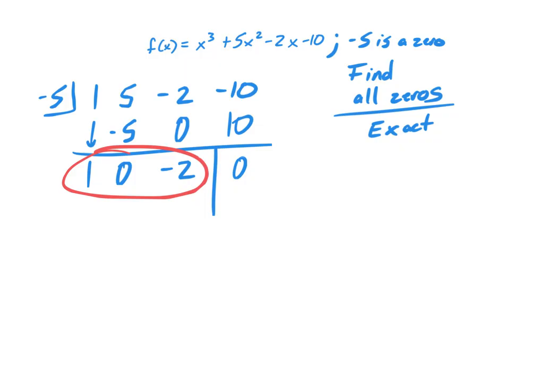So we started with cubic, so now we're going to go 1x squared. I don't necessarily need to put the 1 in front. So 1x squared plus 0x is another thing I don't necessarily need, right? There's no reason to put a 0x in there, so I'm going to write it as x squared minus 2. That is now my quadratic equation that we get from breaking down the original polynomial.